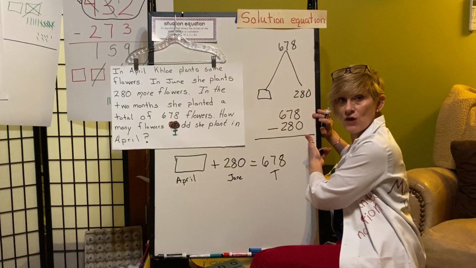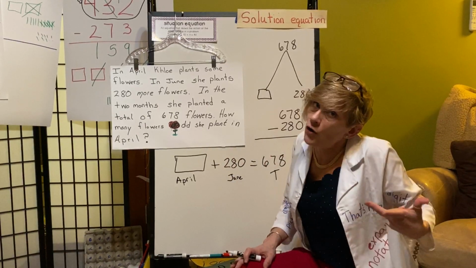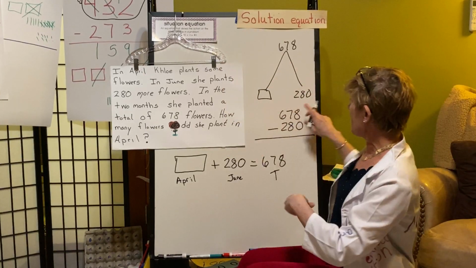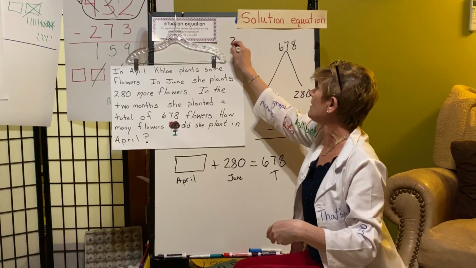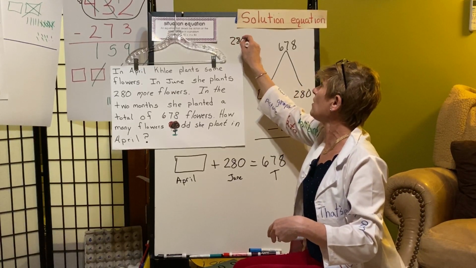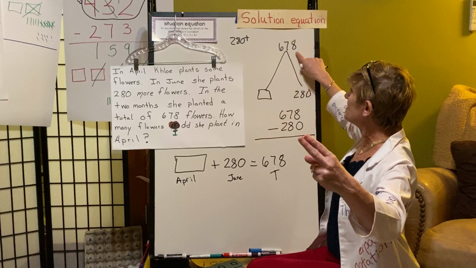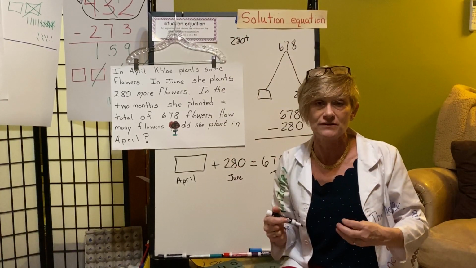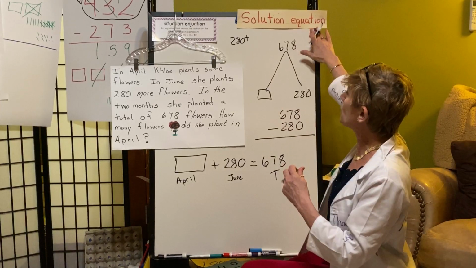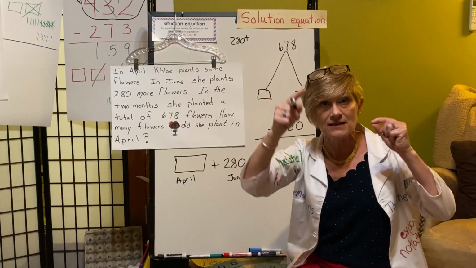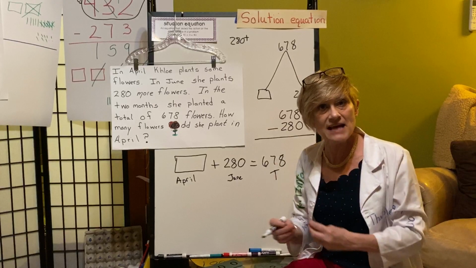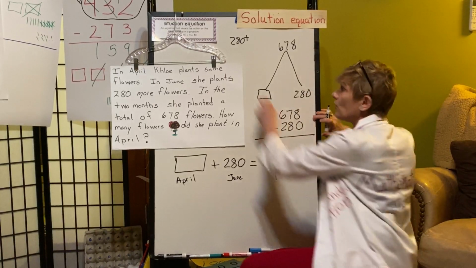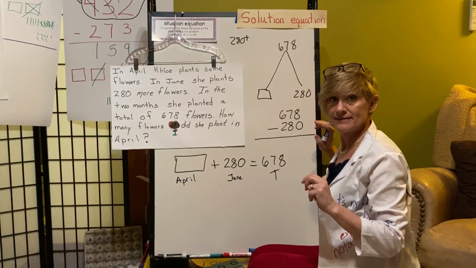That is one way to solve this. If you're saying, oh, no, I'm going to do the add up method, I'm going to take 280 and I'm going to keep adding on to it till I get to 678. That's fine too. Your solution equation is what makes sense to you. But the answer regardless will be the same, whether I subtract or I do the add up method.